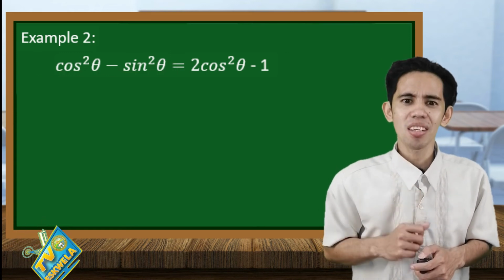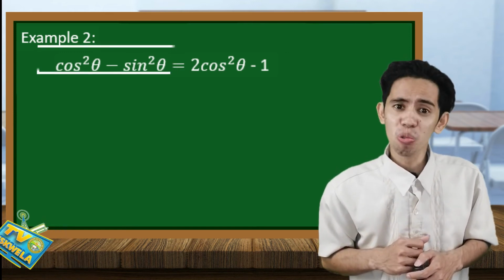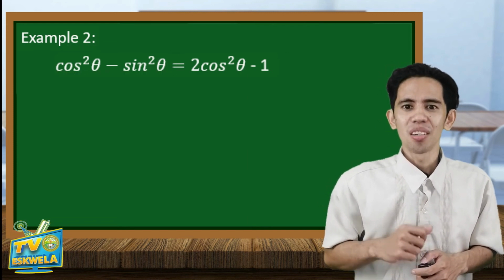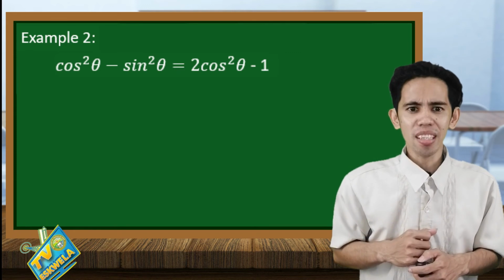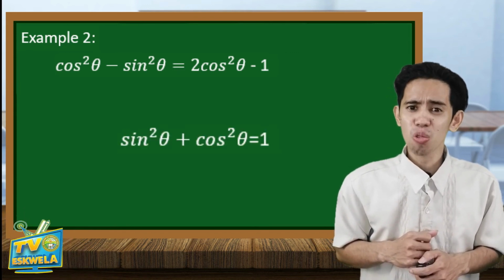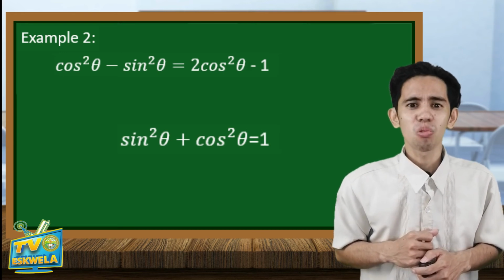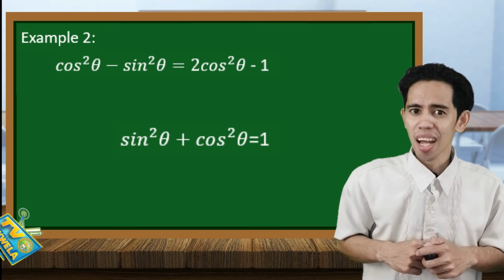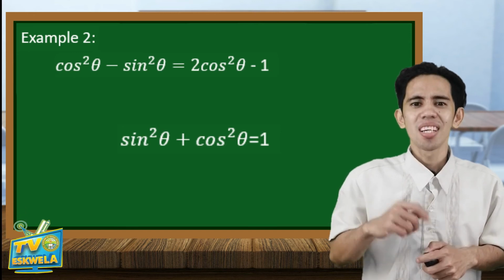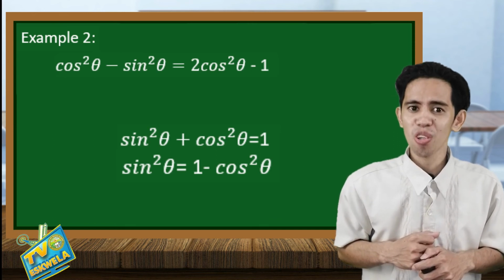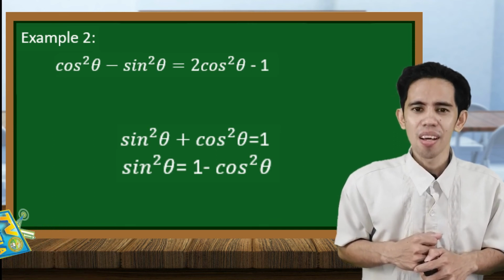So our left part is cos squared theta minus sine squared theta. Using the Pythagorean identity, sine squared theta plus cos squared theta is equal to 1, solve in terms of sine squared theta. So we have sine squared theta is equal to 1 minus cos squared theta.